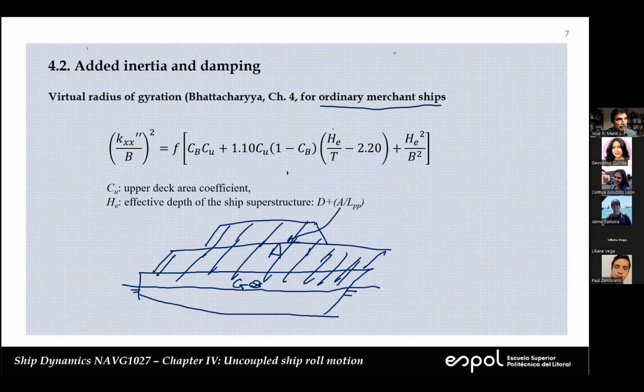If you have different formulations for a fishing vessel, use them. The best recommendation I can give you is to apply not one but maybe two or three formulations and compare the results. If they are too far apart, think about why and try to explain the differences. If they are similar, take the average, and that's it.